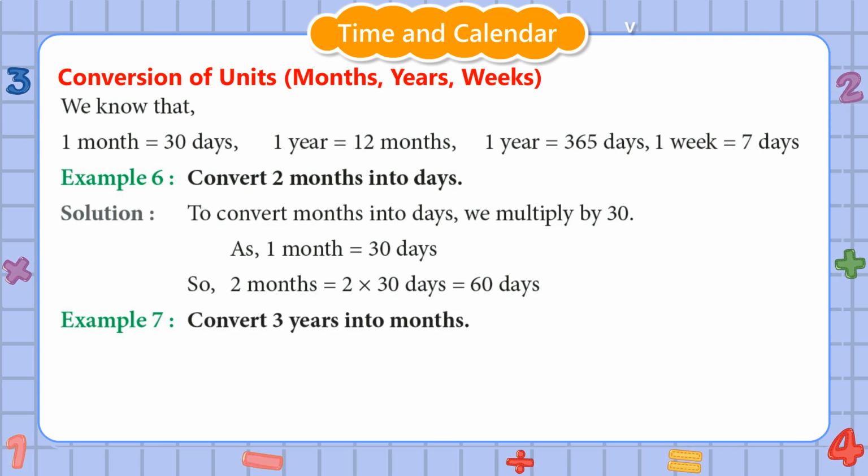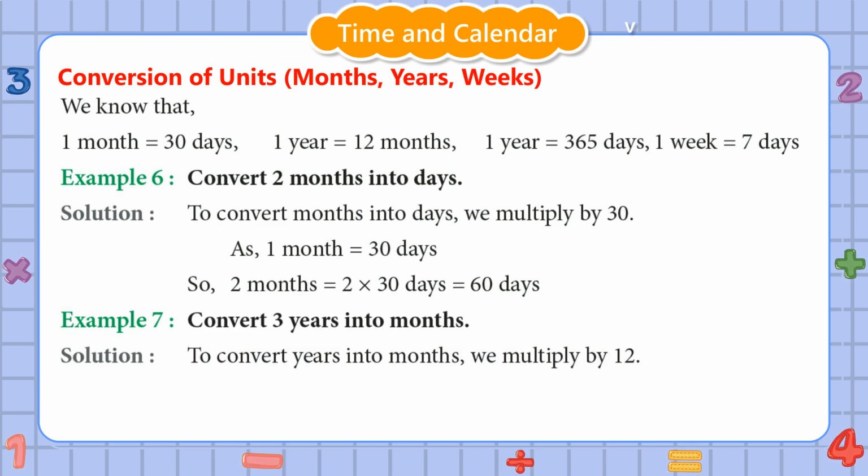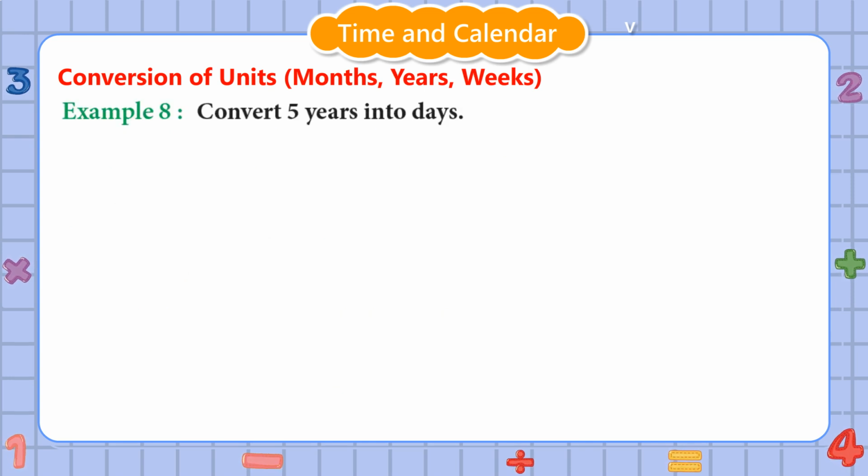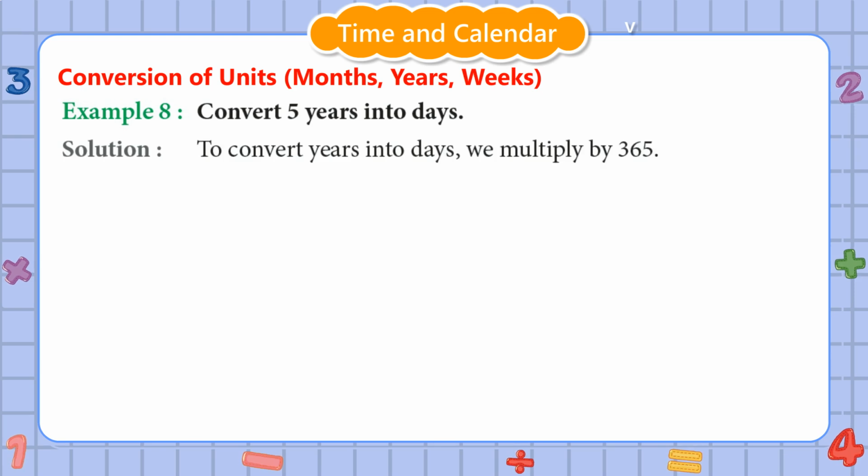Example 7. Convert 3 years into months. Solution. To convert years into months, we multiply by 12, as 1 year is equal to 12 months. So 3 years is equal to 3 multiply 12 months. It is equal to 36 months. Example 8. Convert 5 years into days. Solution.